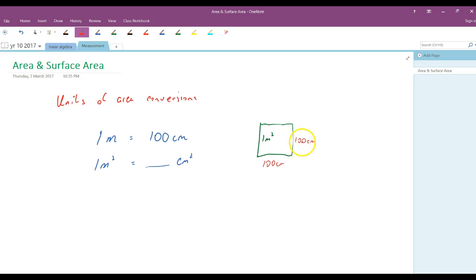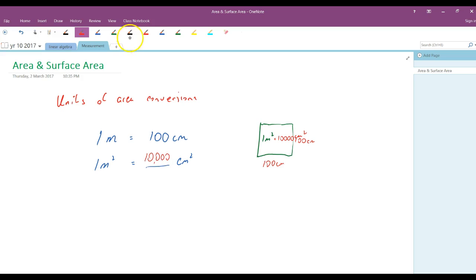That's still 1 meter by 1 meter, which gives me the meter squared. But now, in centimeters squared, it's 100 times 100, isn't it? 100 squared centimeters squared, or 10,000 centimeters squared. So 1 meter squared is actually 10,000 centimeters squared.